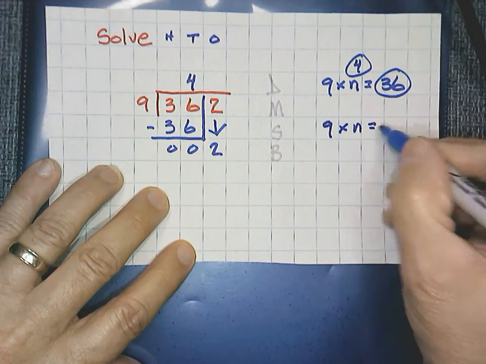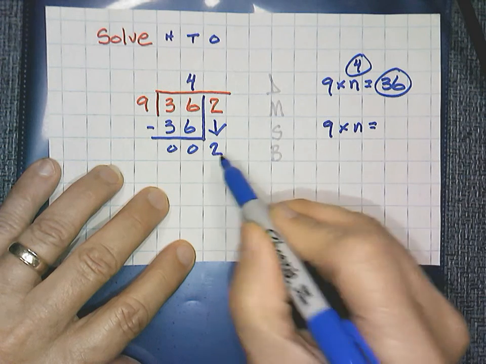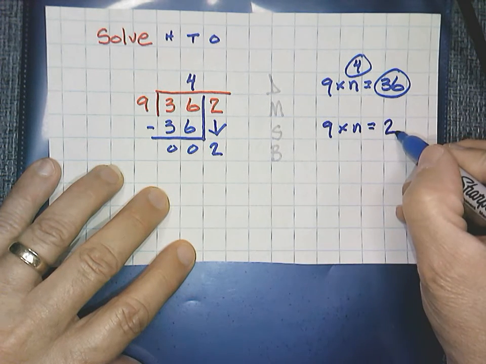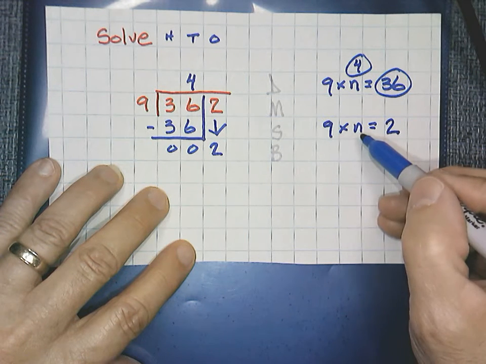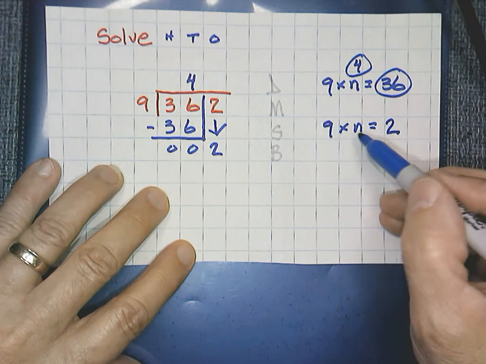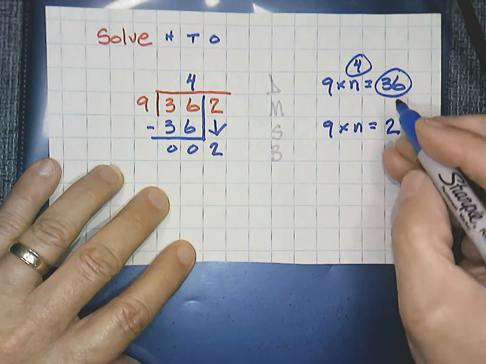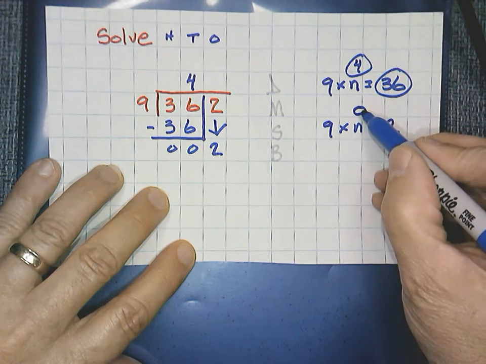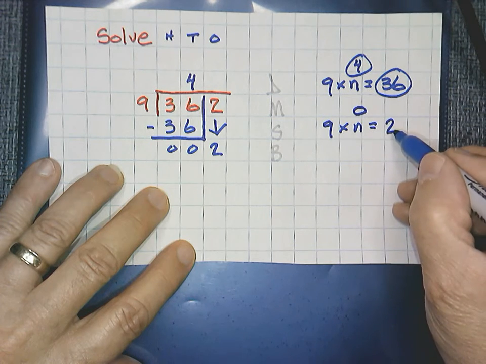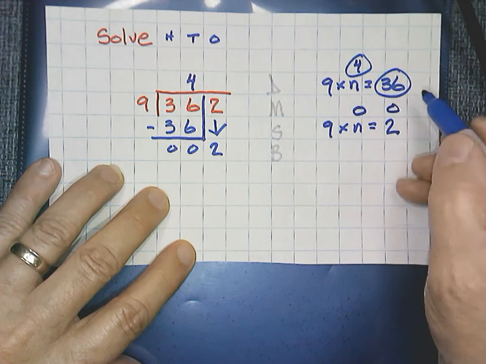So we're going to go 9 times n equals what? Equals 2. We're going to solve for n. Well, 9 times anything does not equal 2. Even 9 times 1 is too much. So this is going to be 9 times 0. 9 times 0, guess what? That does not equal 2. 9 times 0 equals 0.